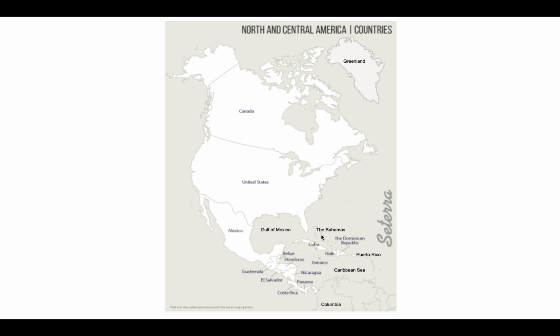There are a series of islands that are close to Florida. Cuba, which is a very storied island that America has had a contentious relationship with, especially when it was under communist rule. And again, you can see it's very close to our country's border.